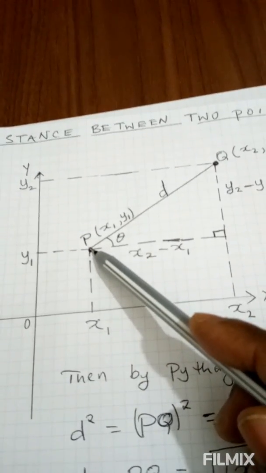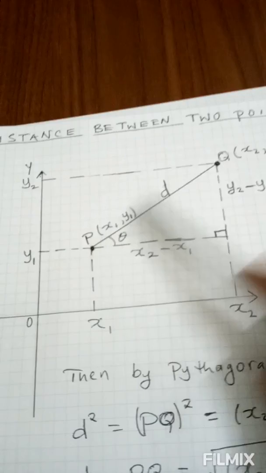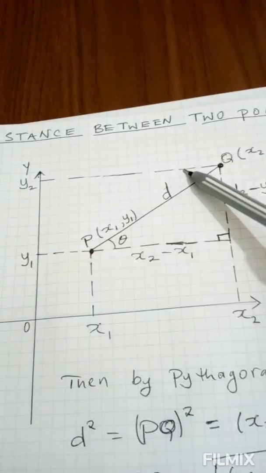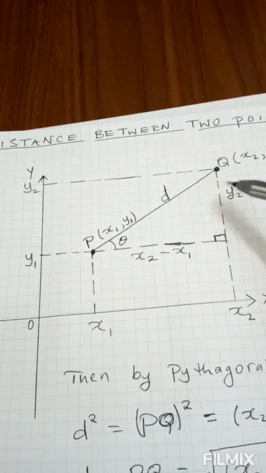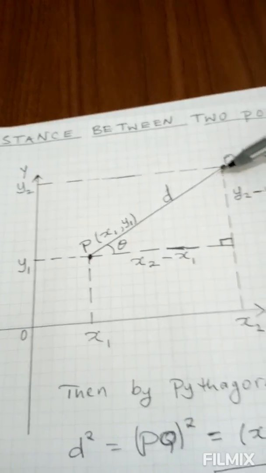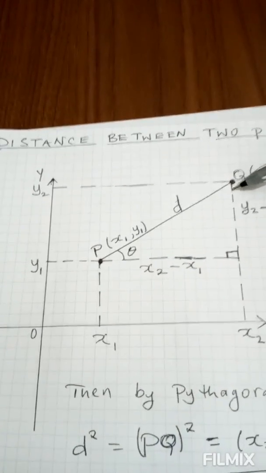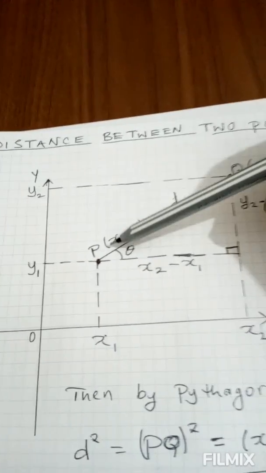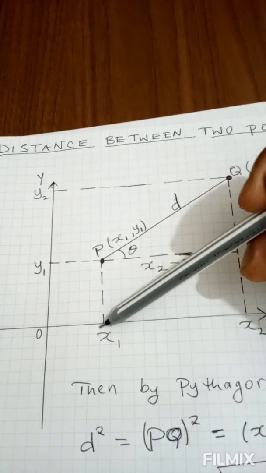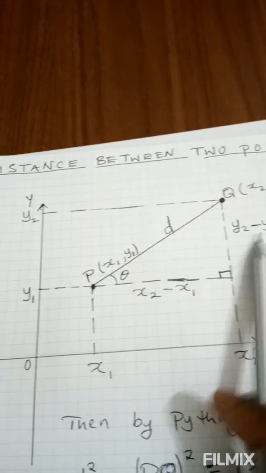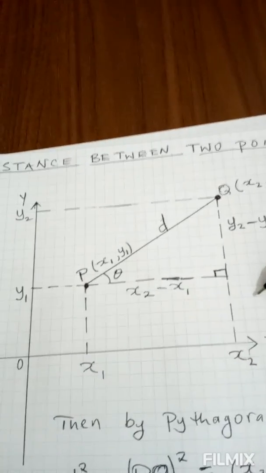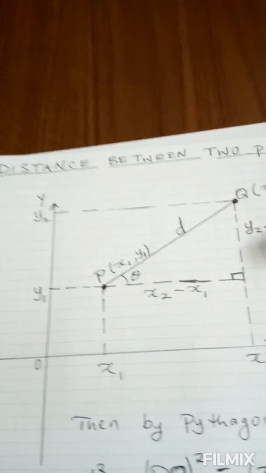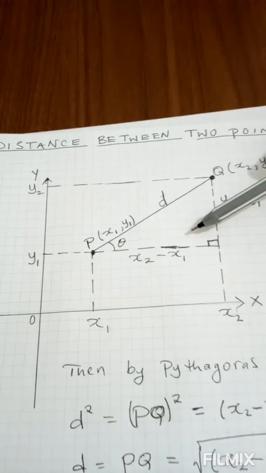Now we can join a straight line, starting from this point to the other point. We draw a line to join the points. Now we see that when we draw a straight line down to x2, and also we draw another line down to x1, and then we draw this horizontal line in between, we will see that we are forming something like a right-angled triangle.